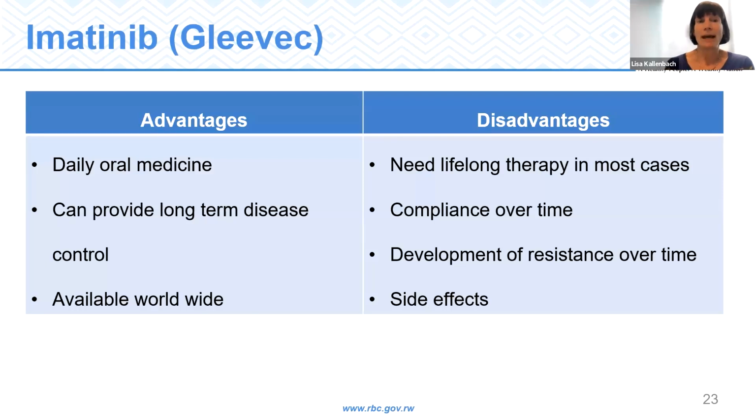The advantages of imatinib are that it's oral and it can provide very long-term disease control, and it's available worldwide. The disadvantages are that you do have to stay on lifelong therapy in most cases, that it's difficult to remain compliant over time, and there is development of resistance over time, and there are side effects, as with any medication.